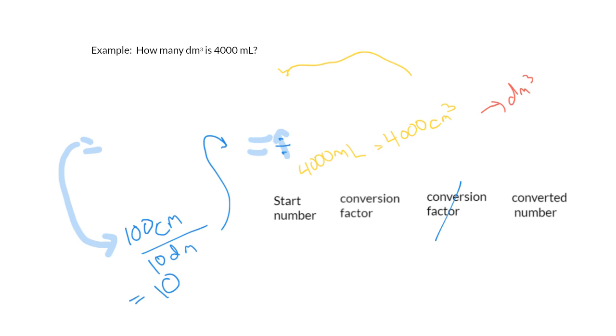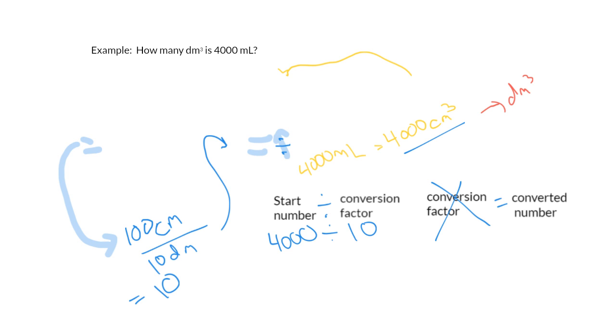We only need one conversion factor, so this one is gone. And we're going up, so it is a division, and it's going to equal our converted number. So our start number is 4,000 centimeter cubed. Our conversion factor is 10.